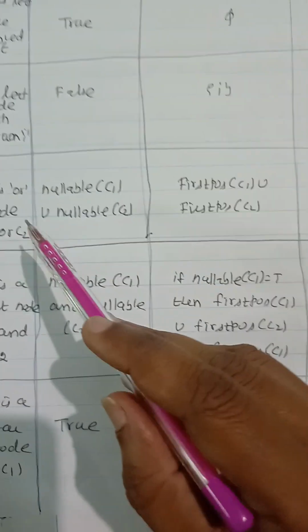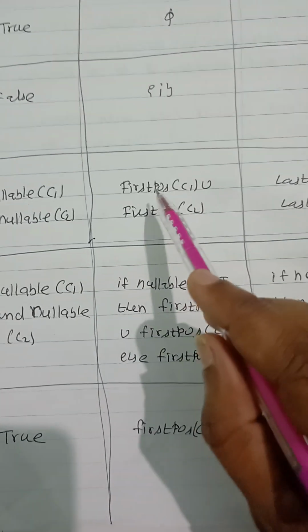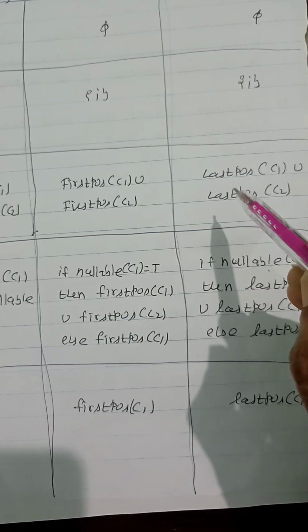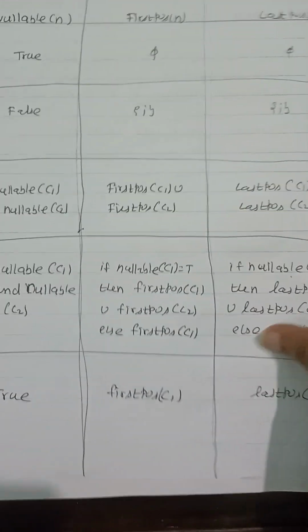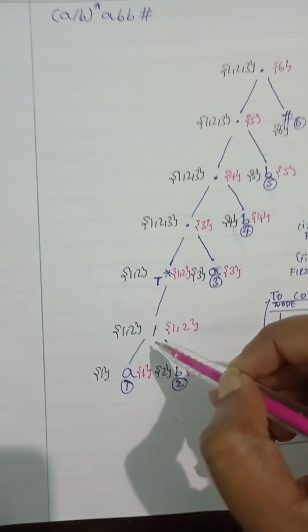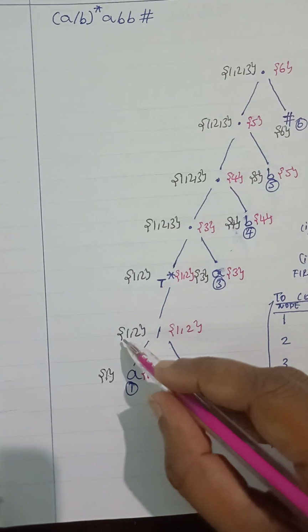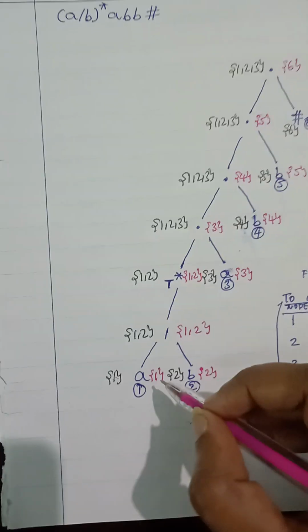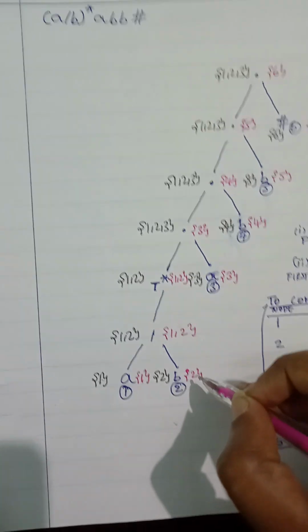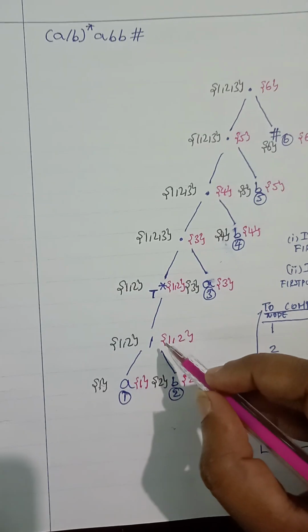According to our rule, for the OR node, the first position is first position of C1 union first position of C2, and last position is last position of C1 union last position of C2. So first position of C1 union first position of C2 is 1, 2. For last position of C1 union last position of C2, that is also 1, 2.